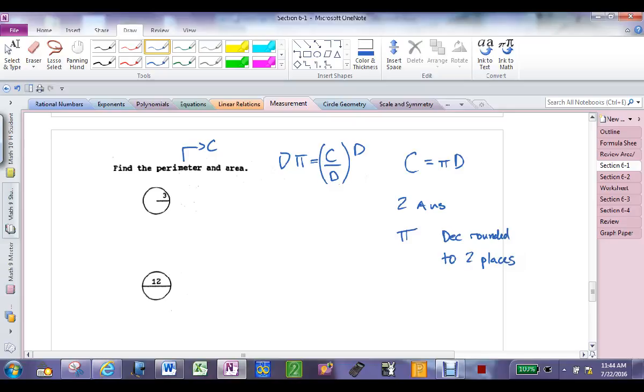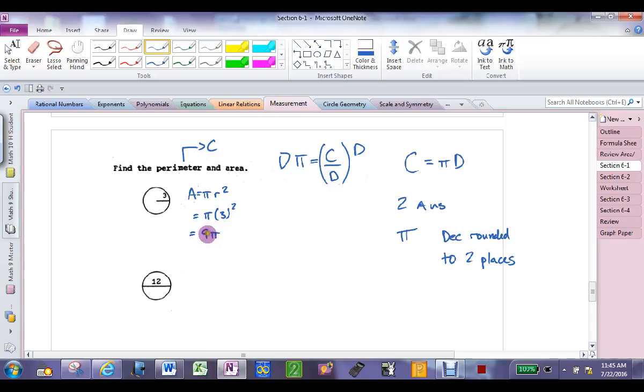Okay? So I feel I should do one of these for you right now just to show you what I mean. What's the radius here? 3. So area equals pi r squared. Pi, what's the radius? 3 squared. What's 3 squared? 9. So 9 pi is half of the answer.